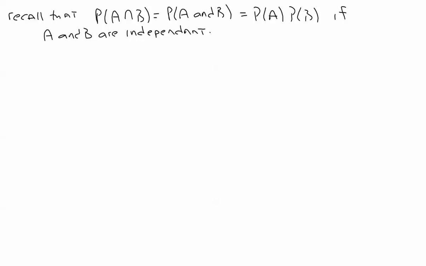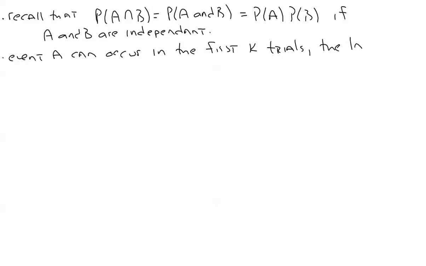The next thing to consider is that event A can occur in the first K trials, the last K trials, or anywhere in between.